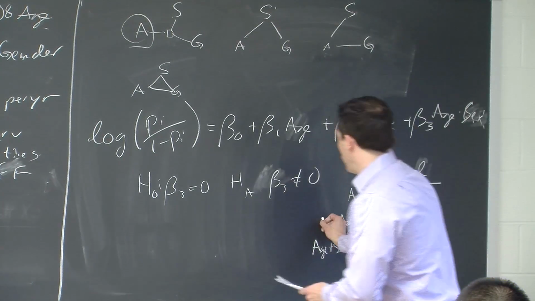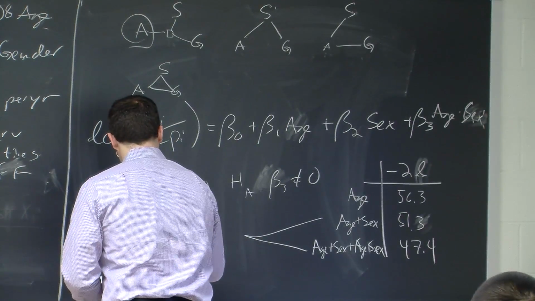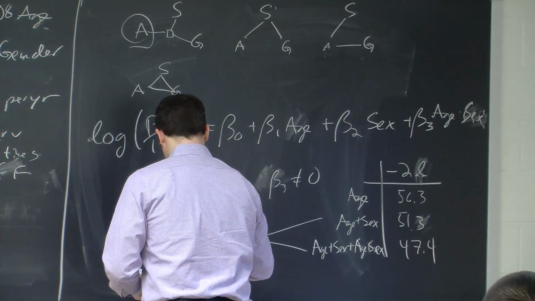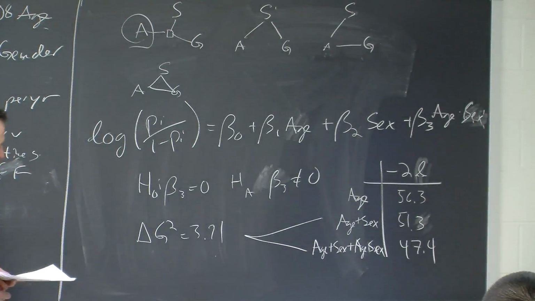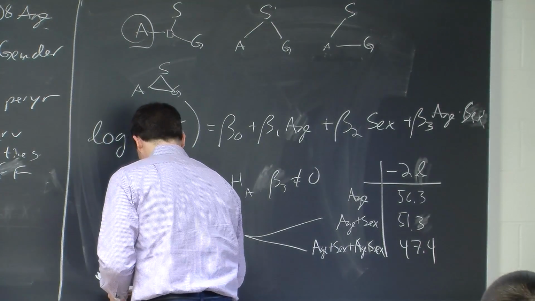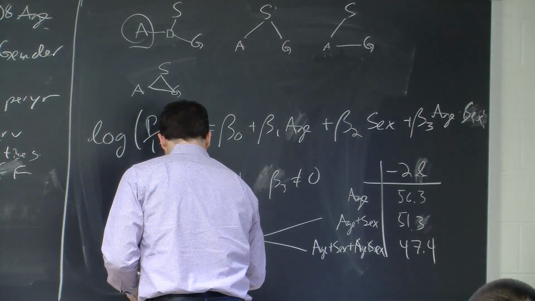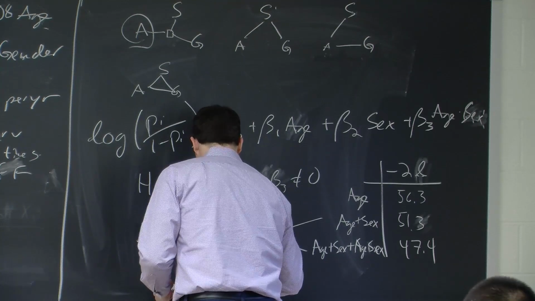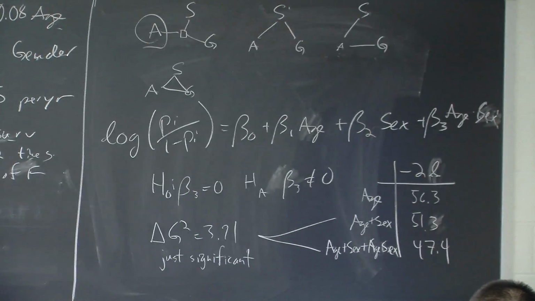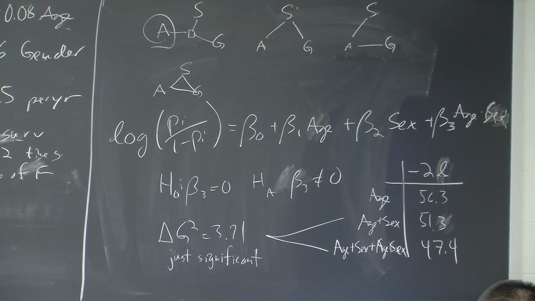Then the delta G squared between these two is 3.91, which is weakly significant. It's just significant at the 0.05 level, so it's worth including, if just barely.